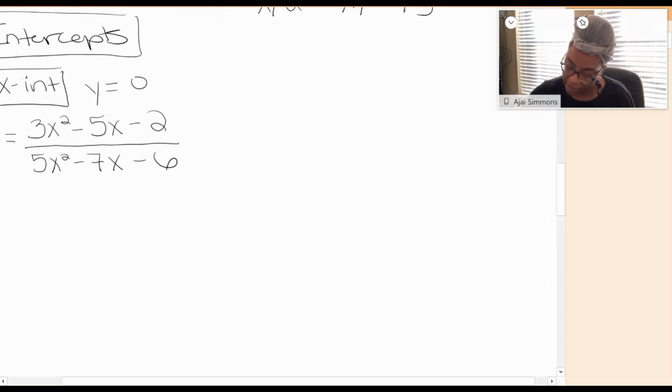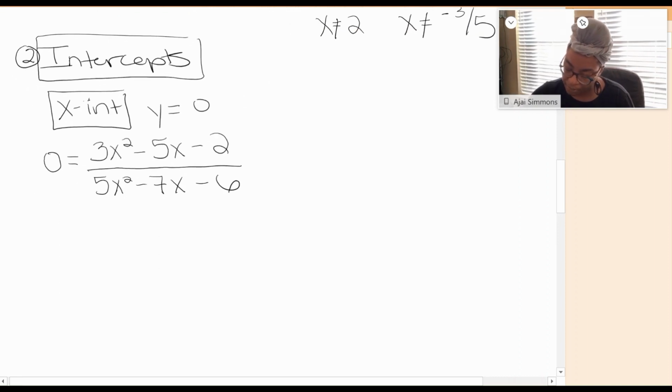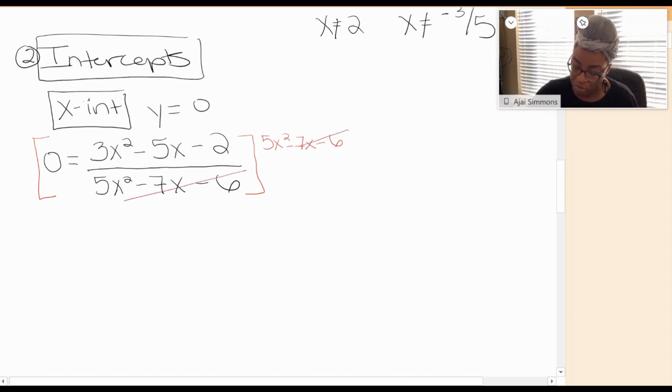So we're trying to find the intercepts with this problem. Now you have a fraction. Remember what we did with the fraction. If you have a fraction, you multiply by the LCD to get rid of the fraction. So that's 5x squared minus 7x minus 6. Boom, those go away.